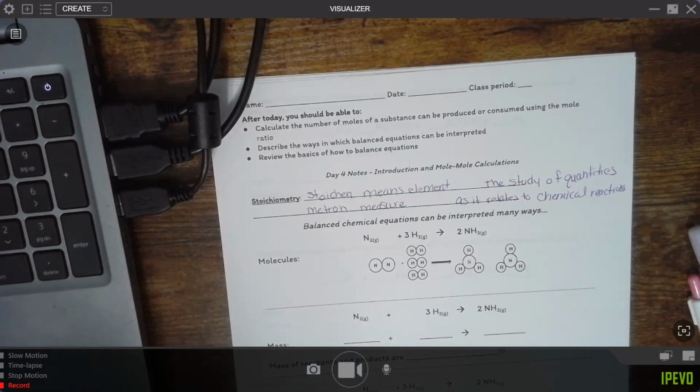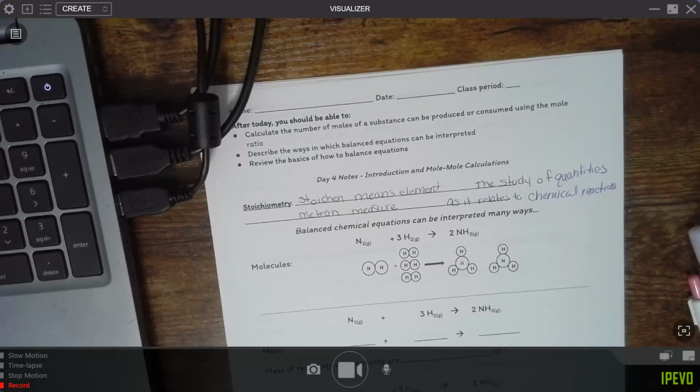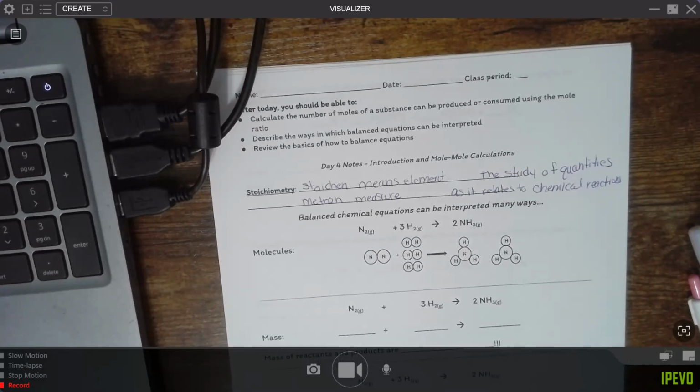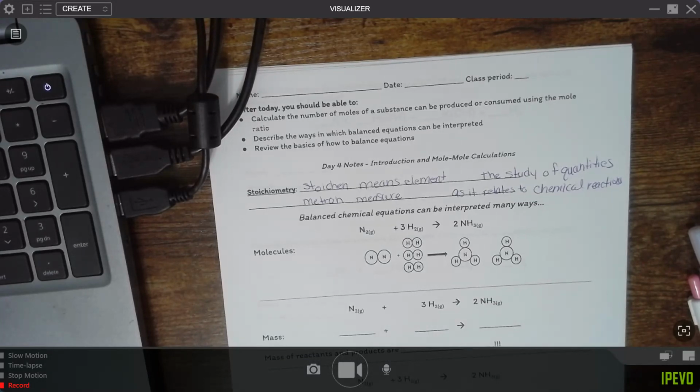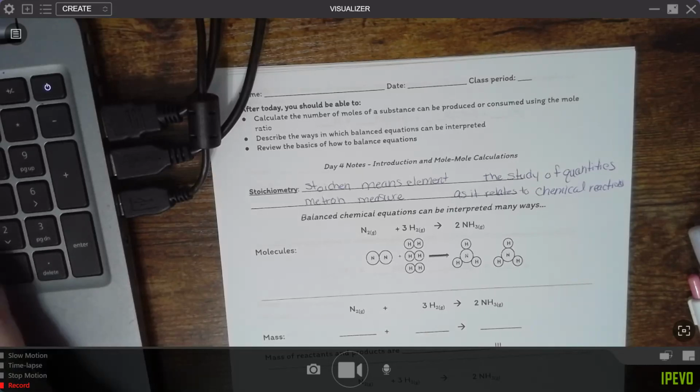All right, so we've been looking at balanced chemical equations for a while now. The last unit we focused a whole lot on balancing these things. Well, there's three ways that we could read or talk about what's happening in a chemical equation. The first way is in terms of molecules.